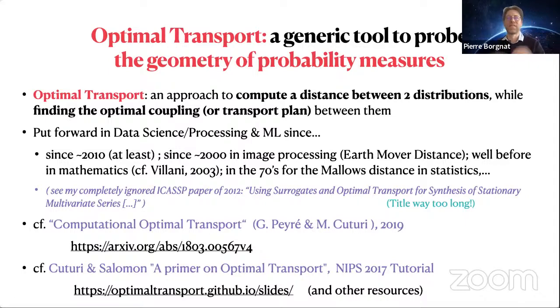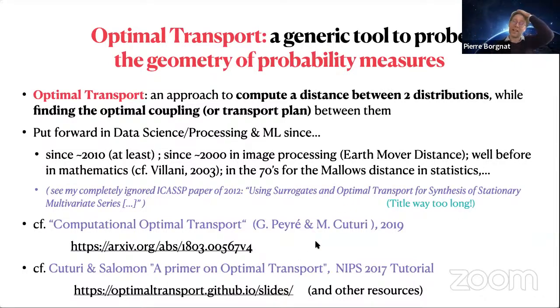It has been not rediscovered, but Cédric Villani wrote a large book in 2003 showing how in many domains of mathematics and statistics it can be used. It's related to the Mallows distance in statistics. We even used that with Patrick Flandrin and Patrice Abry 10 years ago in a completely ignored article to do non-stationary processing and things like that.